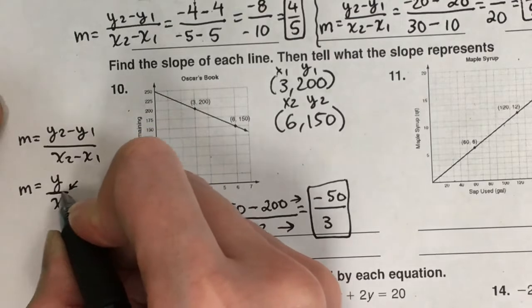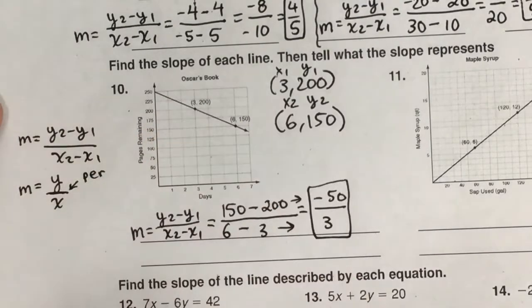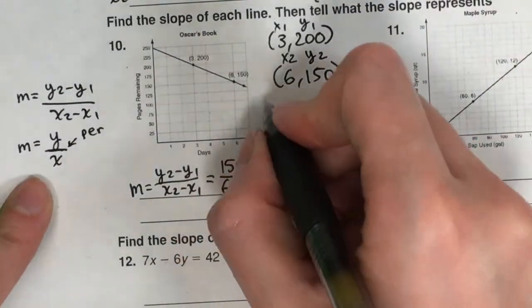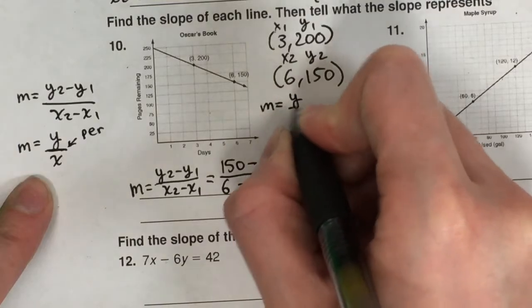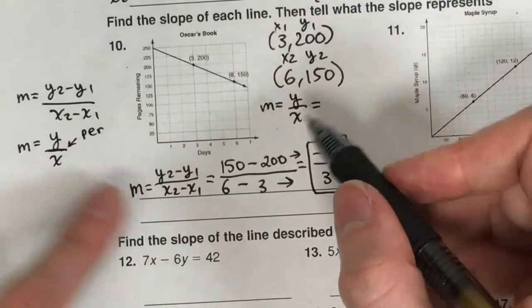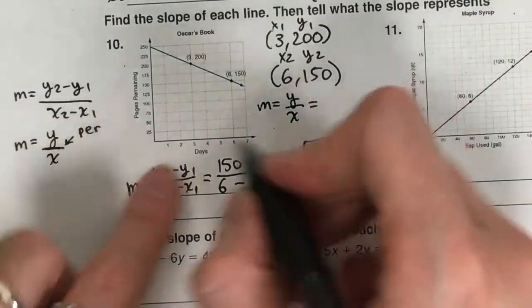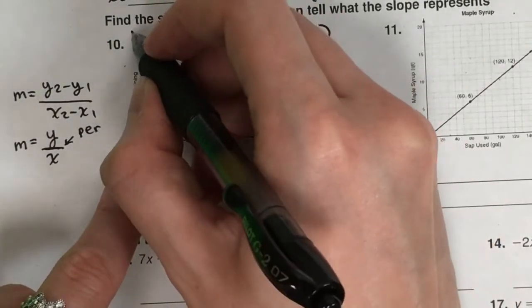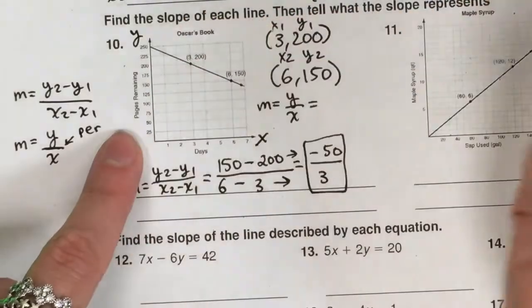And this line, I want you to think about it as per. So in this case, I have m equals y divided by x. Now what it represents means words. So you're going to look here. This line here is x. And this line here up and down is y.